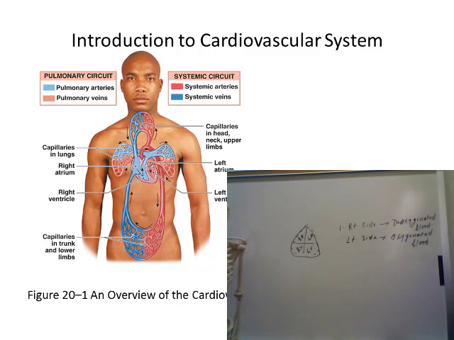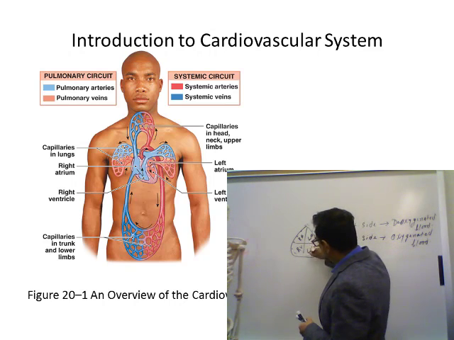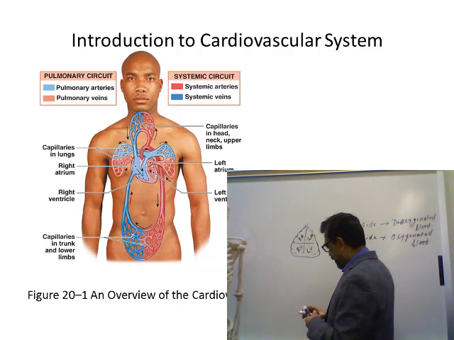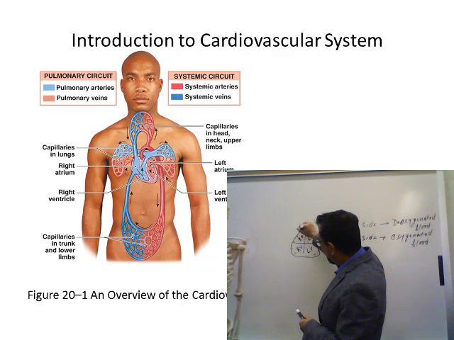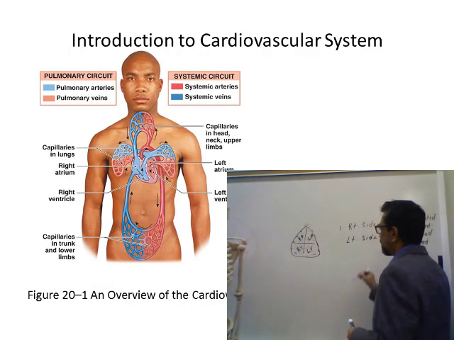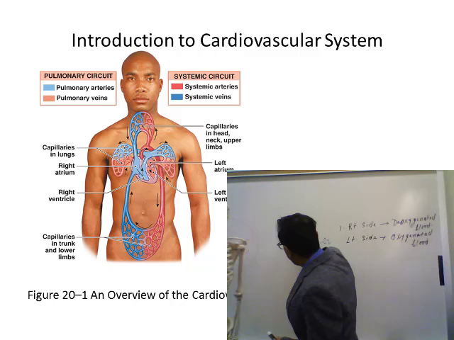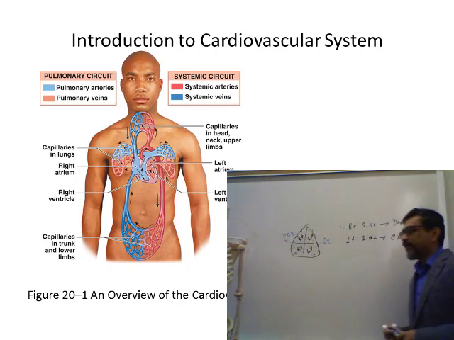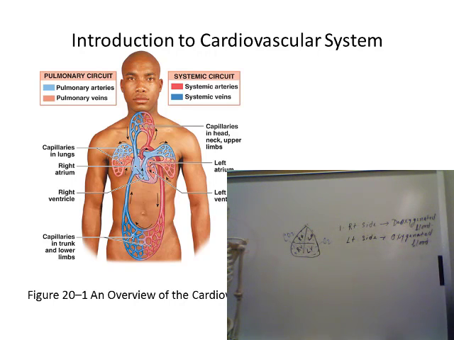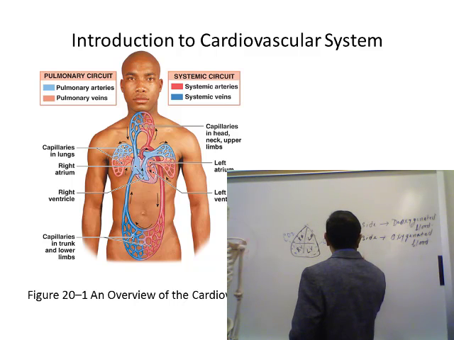Number two is atria. Atria means two atrium, plural. Atria receives blood from outside and gives to the ventricle.